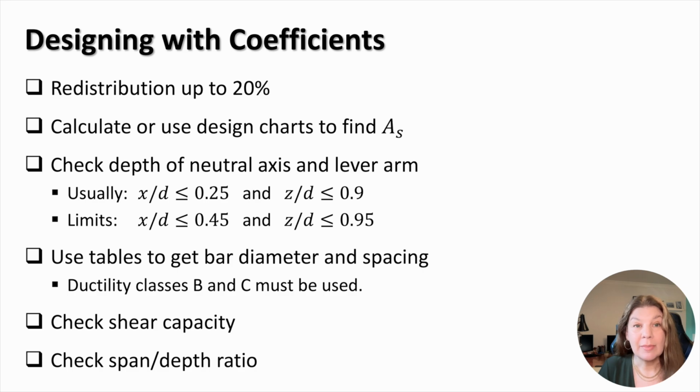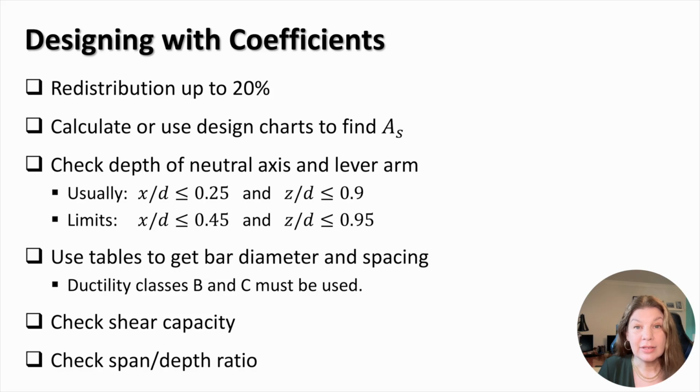The values of the depth of the neutral axis X and of the lever arm Z are checked against the limits defining that the X to D ratio should be smaller than 0.45 and the Z to D ratio smaller than 0.95. It can be noted that a typical value of the X to D ratio equals 0.25 and a typical value for the Z to D ratio is 0.9.